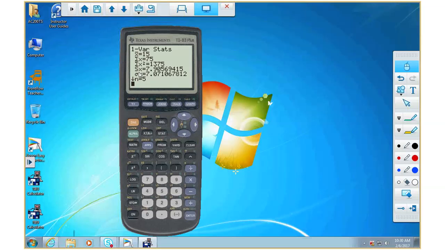The standard deviation is 7.91. The 5-number summary is down below, but with only 5 numbers, you're not going to get a very accurate 5-number summary, but there it is.